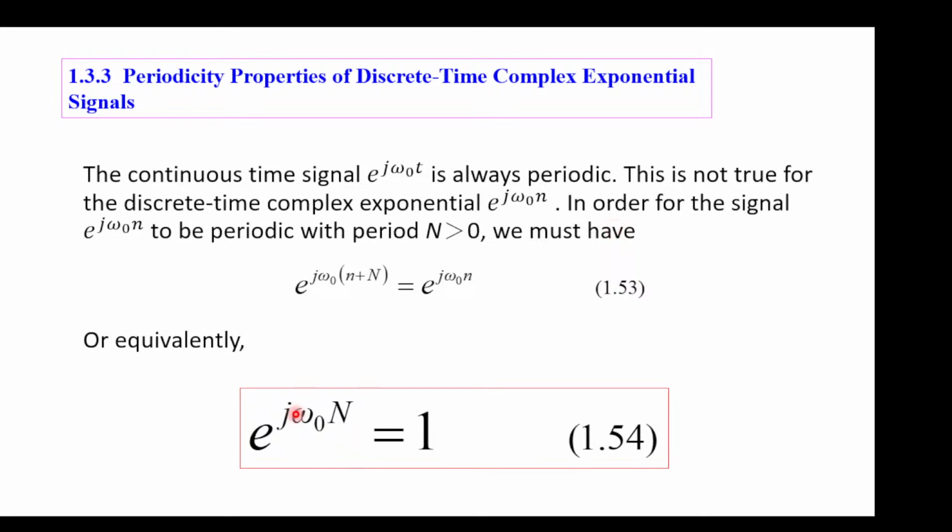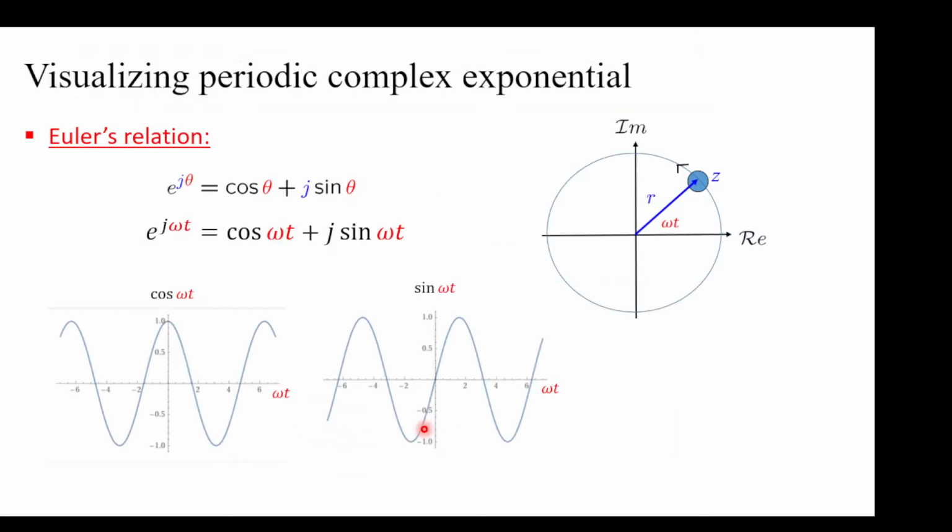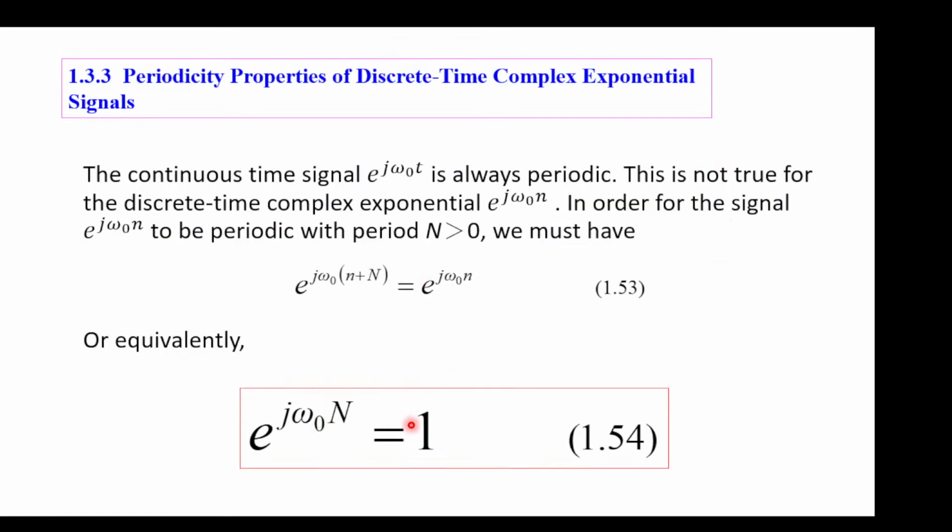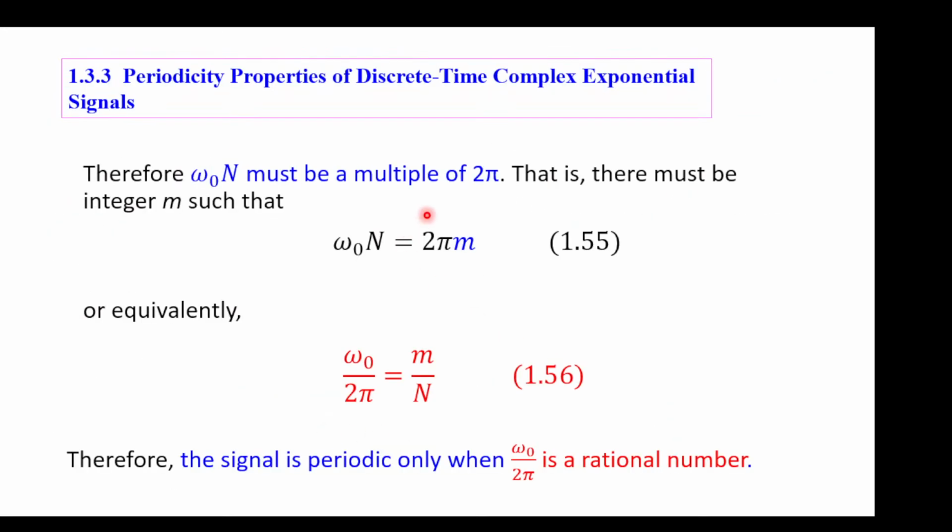We see that e to the j omega naught n equal to 1 means that you are running on this circle, and it equals 1 only when you go back to the full cycle, right? So this j omega naught n needs to be some multiple of 2 pi for you to run back to this point. Okay, so you see omega naught n needs to be some multiple of 2 pi, and this multiple should be some integer.